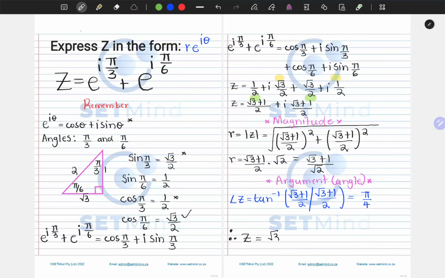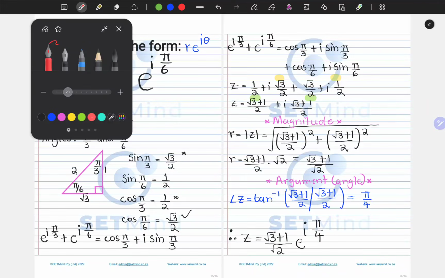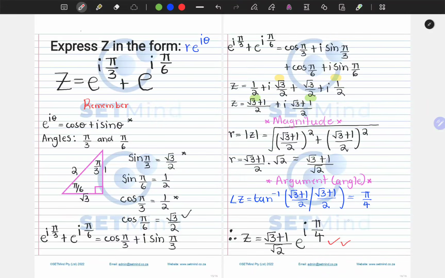So we have square root of 3 plus 1, then divided by square root of 2, and then this will be e to the i, and the angle that we have there is just pi over 4. So we just end up having pi over 4. And this here is what was expected.